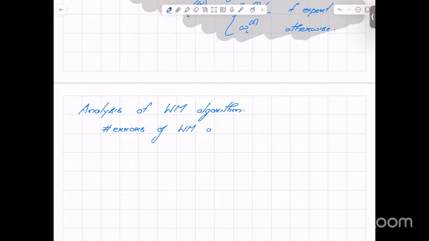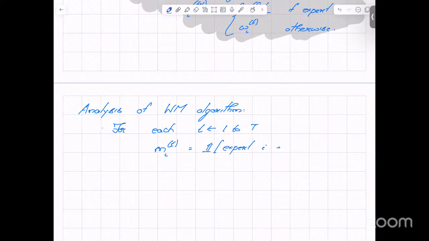Let's define, for each t going from 1 to T, m_i^t to be the indicator that expert i erred at step t.